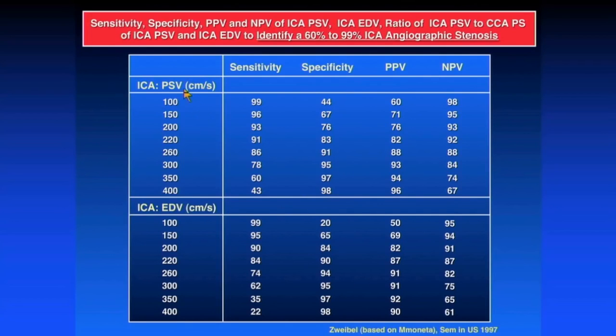So if you increase the systolic velocity as a cutoff number to identify 60% stenosis, the sensitivity goes down and your specificity goes up. Okay? This is the same no matter what table you're comparing with. So it depends where you want to be on the sensitivity and specificity curve.